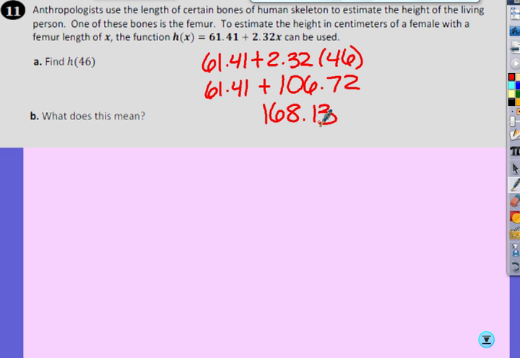I came up with an answer of 168.13. Let's answer letter B. What does this mean? This means that a female with a femur length of 46, because remember, x represents femur length, as written right there, has a height of 168.13 centimeters.